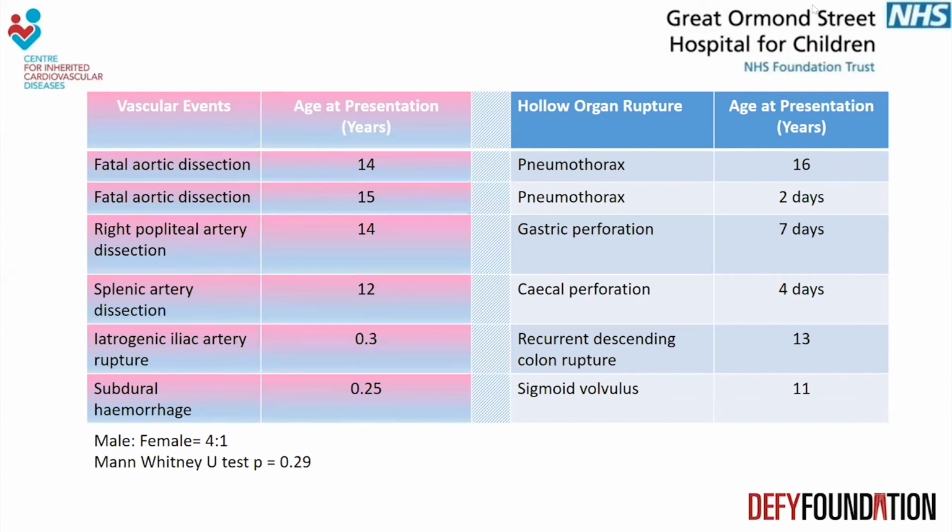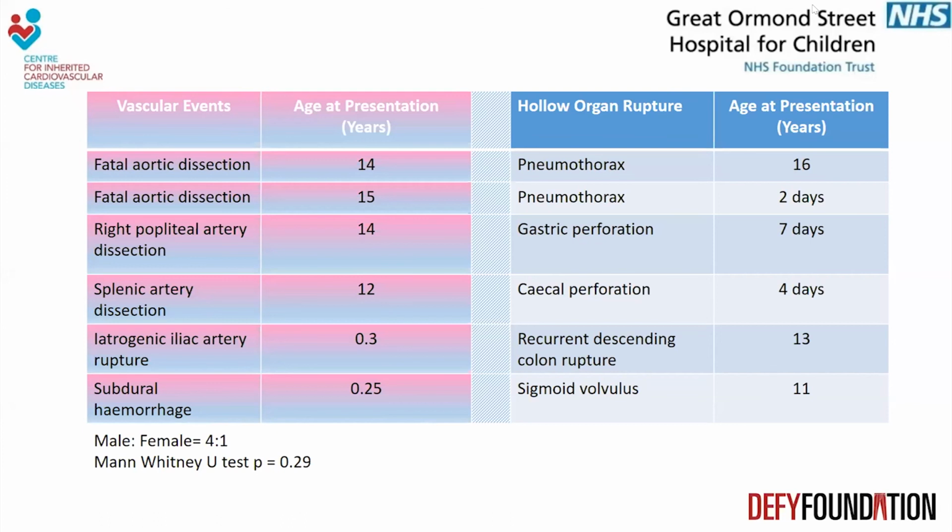In terms of the vascular events in the two boys that died during adolescence, one of them was a known diagnosis, and they were just lifting furniture, and he had a type A dissection and died of it. The other one was not known, and it was a post-mortem diagnosis with molecular autopsy. So I think in that case, he never presented to medical attention before the event that actually led to his death.